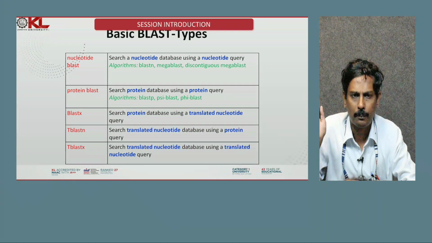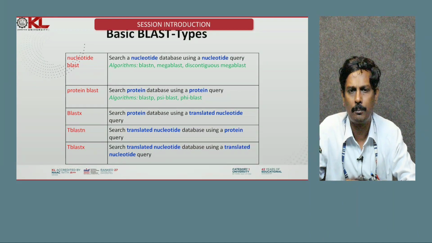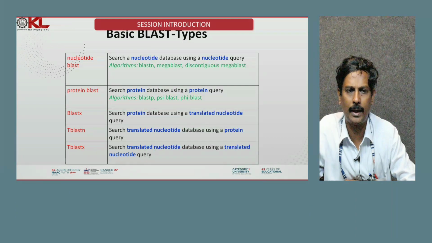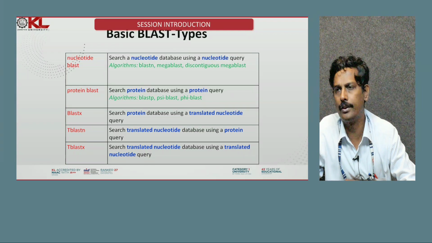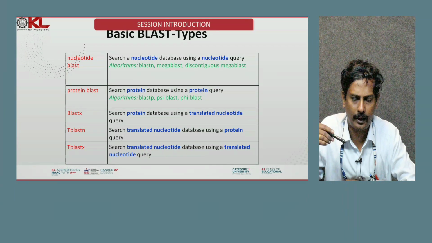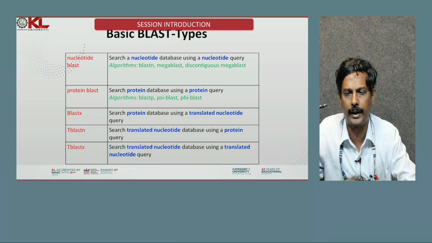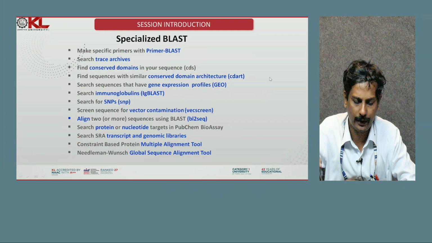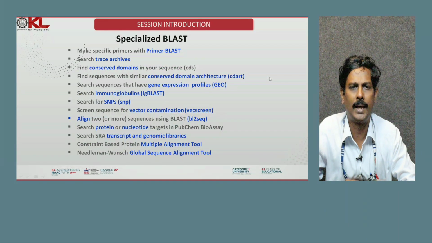Protein BLAST searches a protein database using a protein query only. BLASTX searches a protein database using a translated nucleotide query. TBLASTN searches translated nucleotide databases using protein query sequences. TBLASTX searches translated nucleotide databases using a translated nucleotide query. These are the specialized BLAST types.